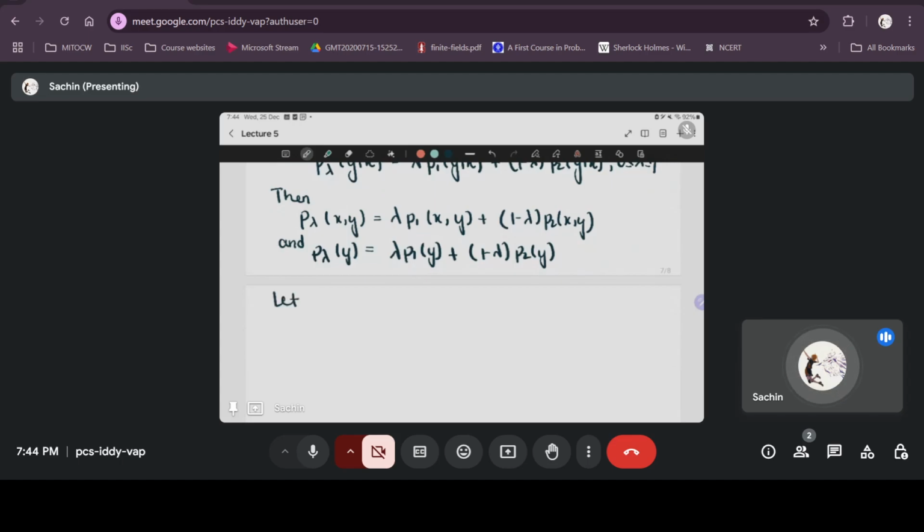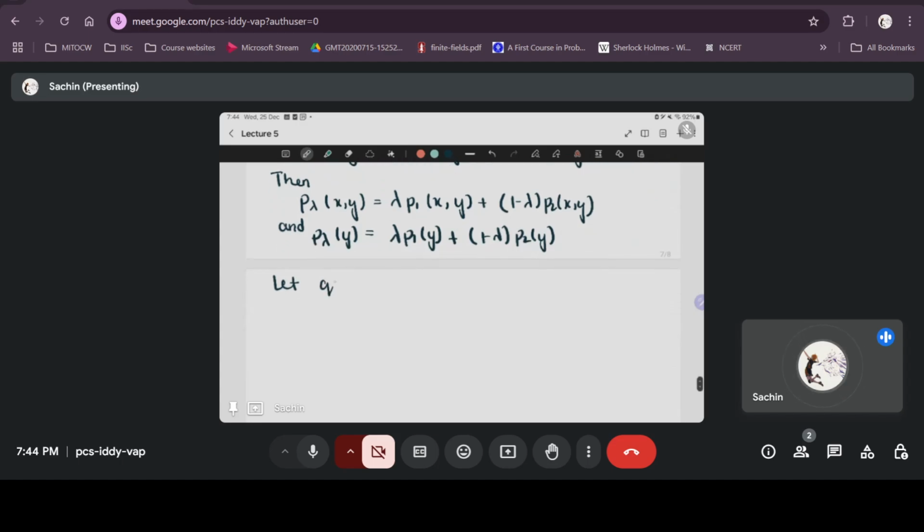Now we have to consider for mutual information the relative entropy between the joint distribution and the distribution of the product of the marginals. So let q lambda of x comma y be p of x p lambda of y.